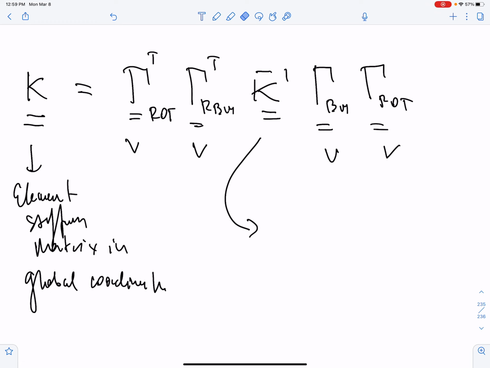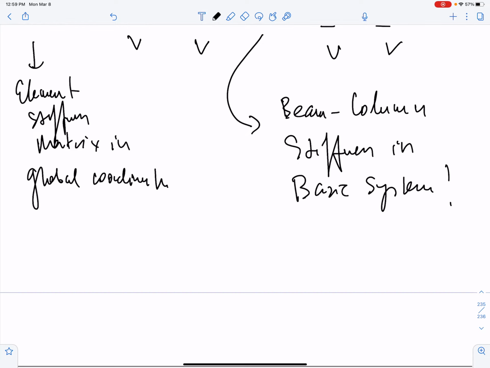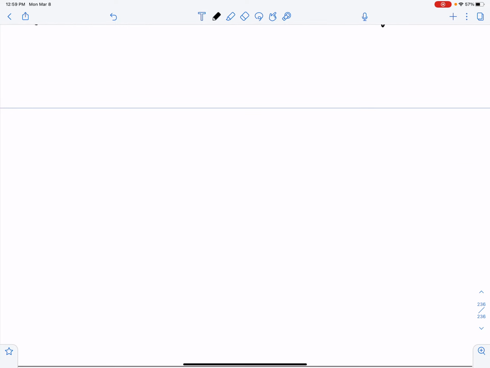This is the beam column stiffness in the basic system. And so for that one, I'll send you back to early lectures.